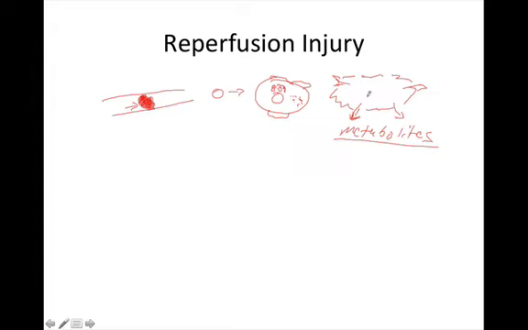And as the tissue accumulates these metabolites, what happens if we reintroduce blood? If we remove that blockage and get blood back in there, all of a sudden we're going to have a massive influx of oxygen into the tissue. That massive influx of oxygen is then going to cause a dramatic increase in the generation of free radicals, those reactive oxygen species.